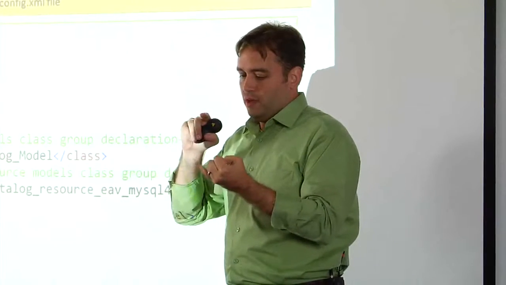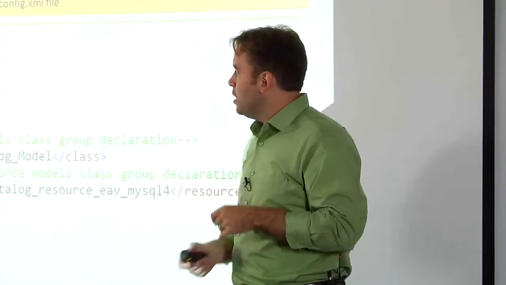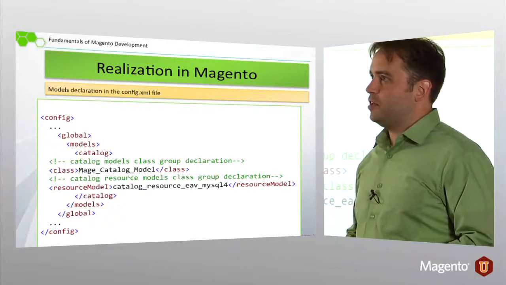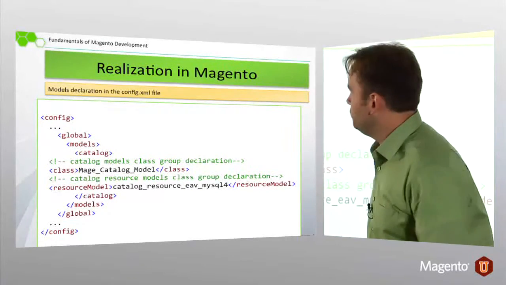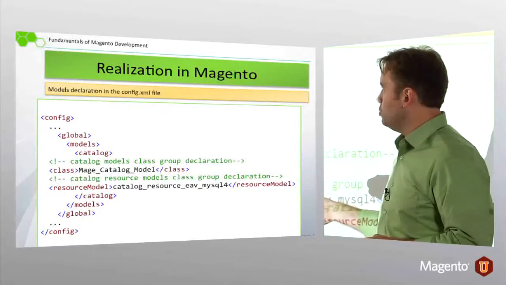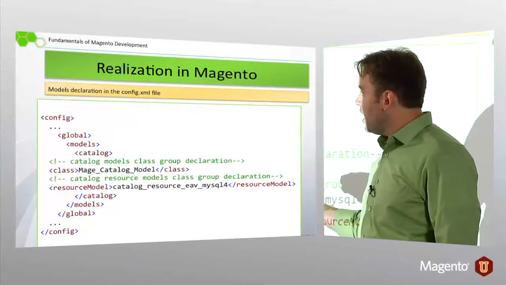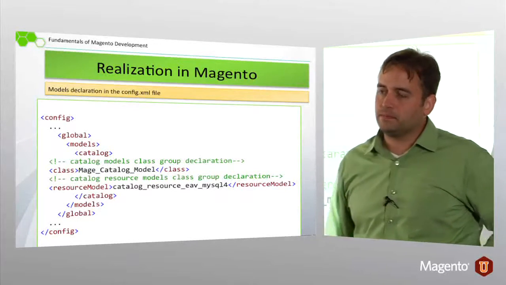This always will be a prefix for the class name contained in that file. All right? So here is everything you need to know about class group definitions in Magento. Config global, and then either models, helpers, or blocks. Inside that node, you make a node that is whatever you want it to be.